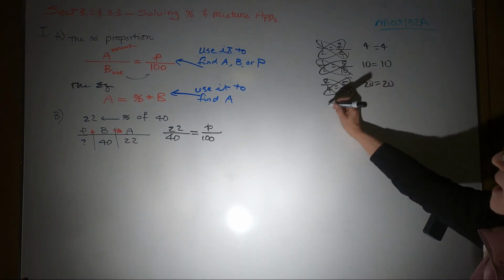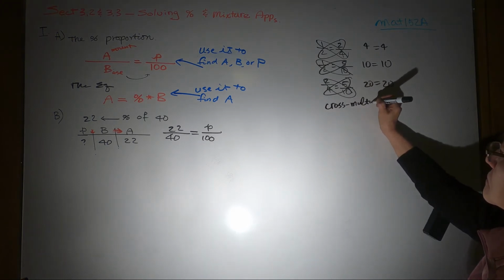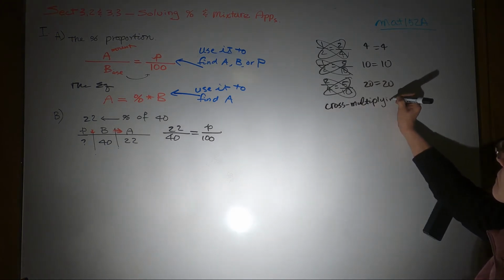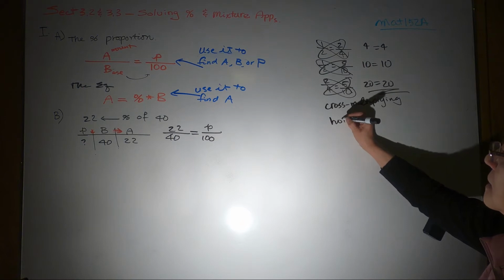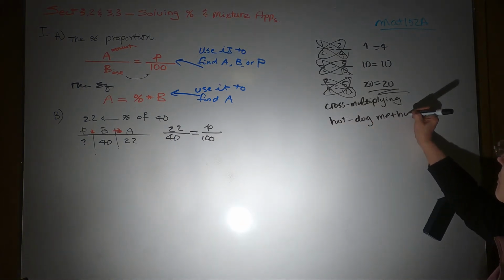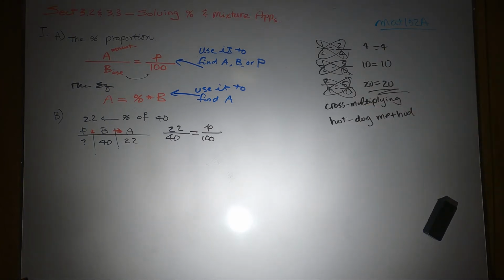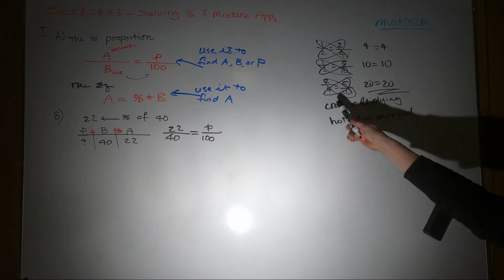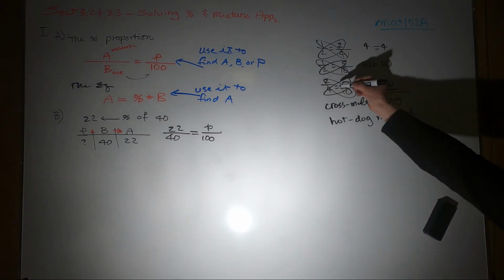When you do the cross multiplying, you should get the same number, okay? Or we say it's the hot dog method, like a hot dog, right? So this way you can remember the method we are using. It's formally called cross multiplying to solve, because you have a proportion.